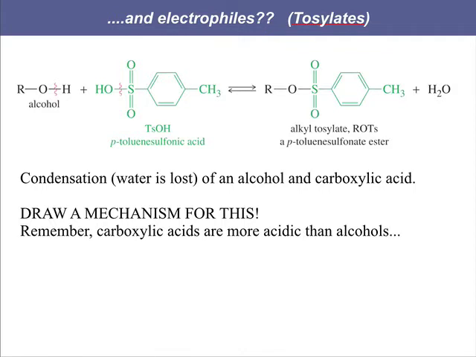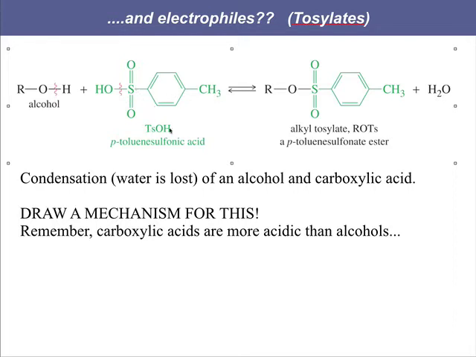electrophiles. This is a class of molecules called tosylates. In this process, we take an alcohol and we react it with something like paratoluene sulfonic acid. This is paratoluene sulfonic acid here. This is sometimes abbreviated as TsOH. This S double bond O with the benzene ring and the methyl is called a tosyl group.